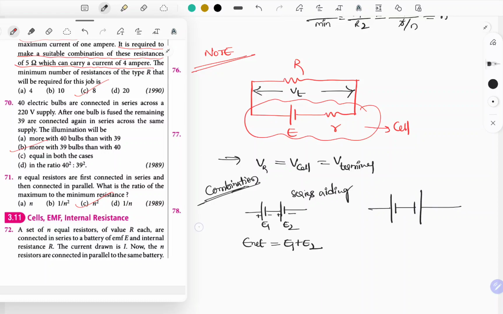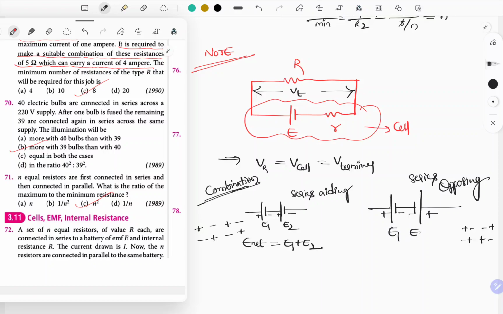So observe this, whether it is plus minus or minus plus, this kind of combination is called a series aiding. Next one is series opposing. It's like this, plus minus plus, or plus minus plus minus. This kind of combination is called series opposing.